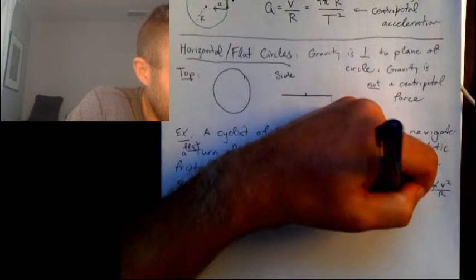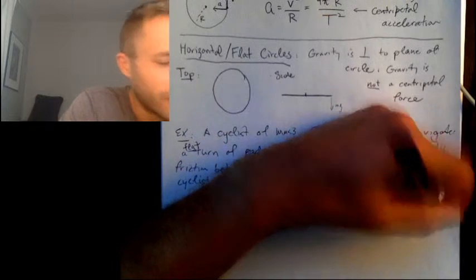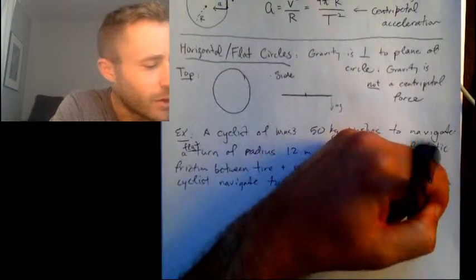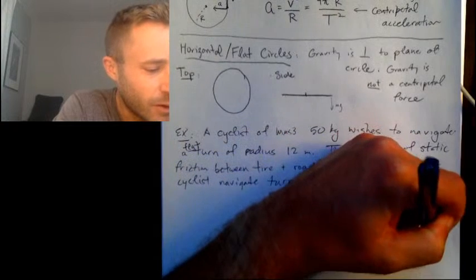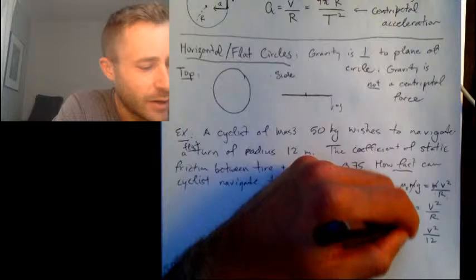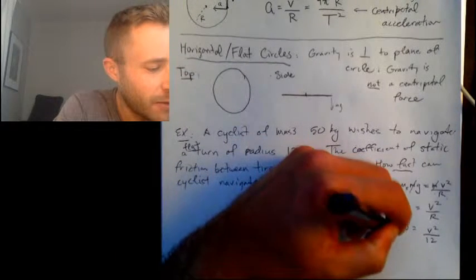So we have mu sub s times g equals v squared over r. So now I can start plugging in numbers. The radius of the turn is 12. Gravity is 10, and the coefficient of friction is 0.75.